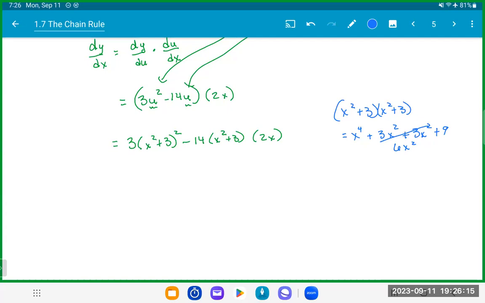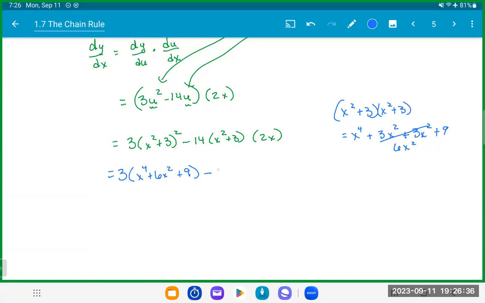And then if I multiply that by a 3 on top of it, right? So we have equals 3 times this, x to the 4 plus 6x squared plus 9, minus, and then I can do the 14 here.